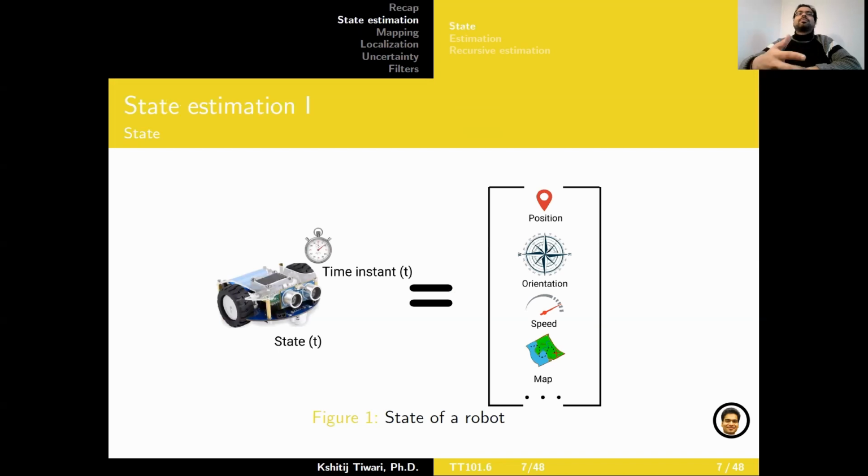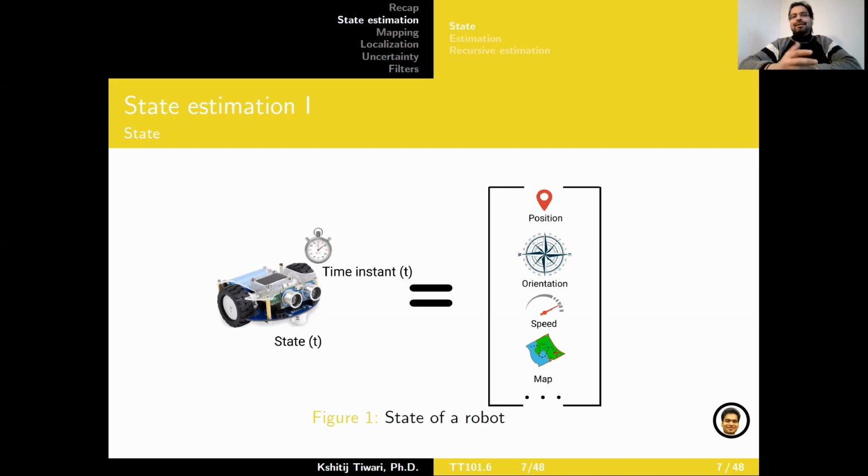So once you're able to perceive the environment, or by you I mean the robot, it needs to be able to interpret what is its state at the time instance t. Now, the state of a robot at any time instant t is dependent on the context and the scenario in which the robot is deployed.